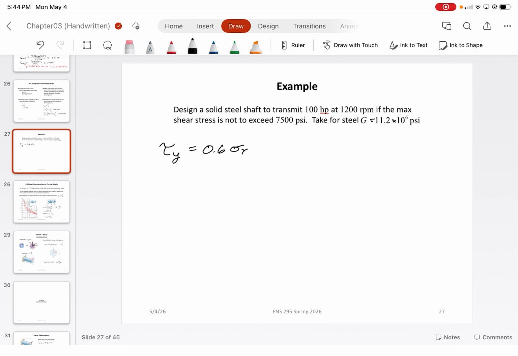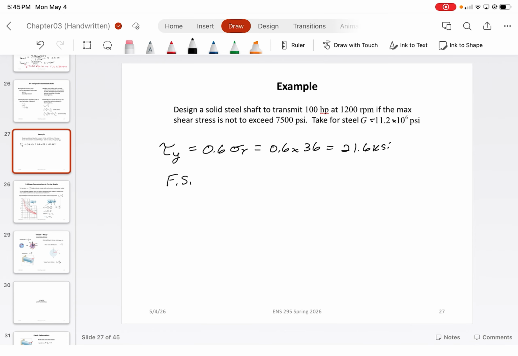But ultimately, if we were dealing with an A36 type of steel, so let's say 36 KSI, then the shear strength would be 0.60 times 36, which gives us around 21.6 KSI for the maximum shear stress.